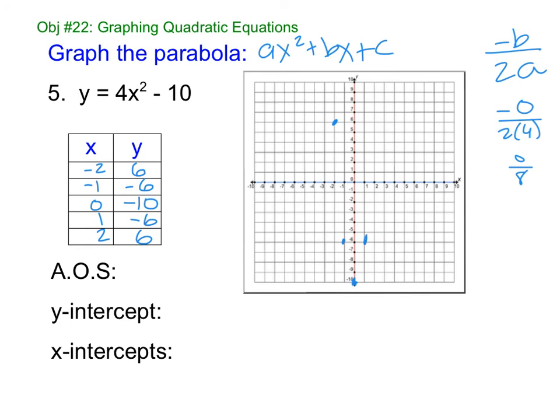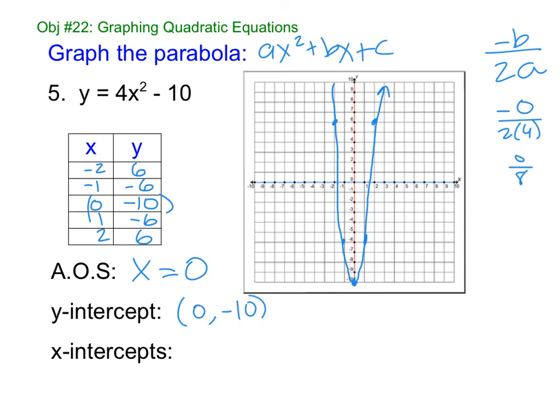So this is a super skinny parabola. The vertex is 0, -10. Right? What is the axis of symmetry? X equals the vertex at 0. The y-intercept is our c value, 0, -10.